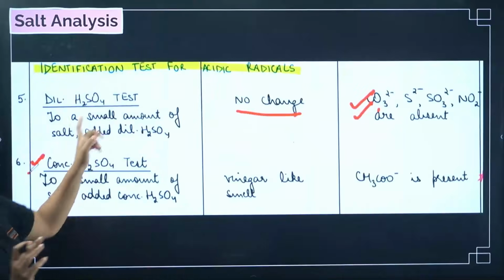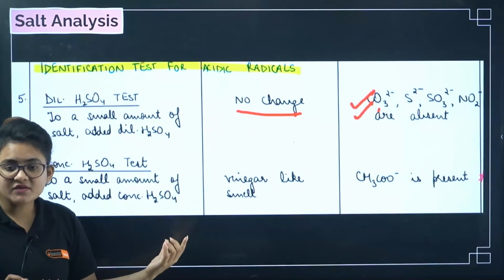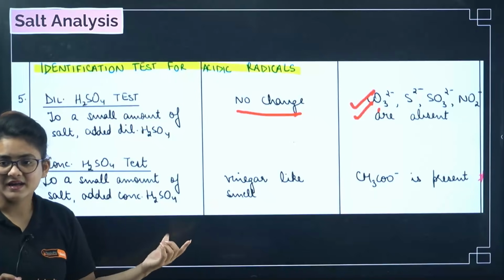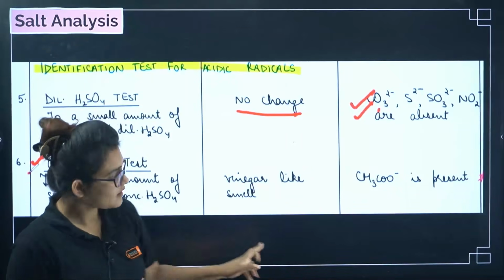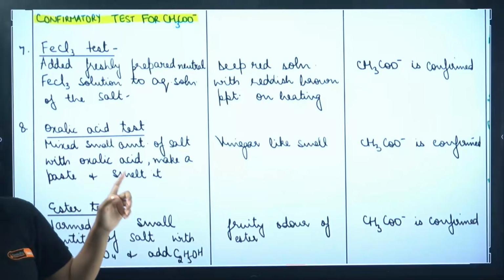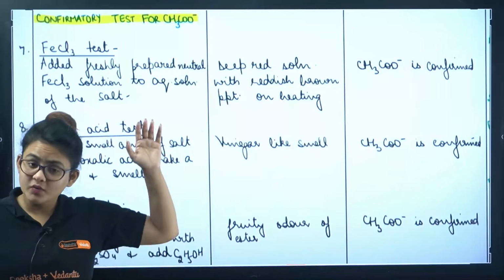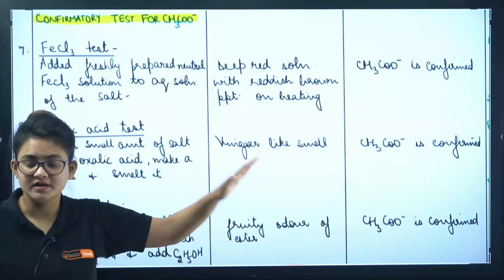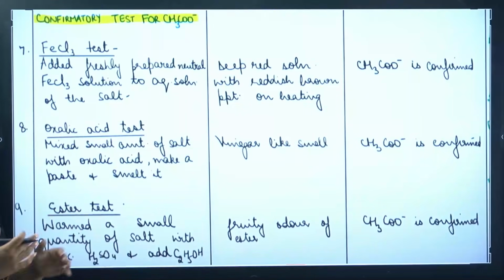Then we proceed with the identification test. Once the identification test is done, in the inference we write it is present. Next, in the confirmatory test, we write it is confirmed, it's present. I guess you understood this. So this is for the acid radical.